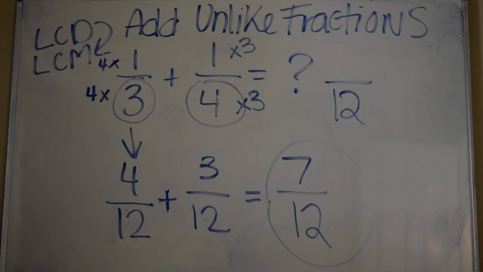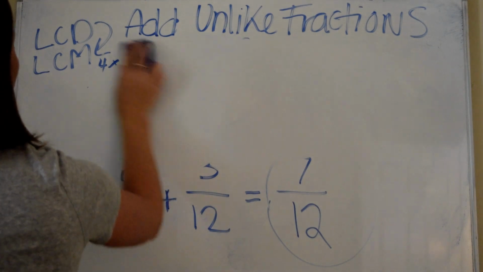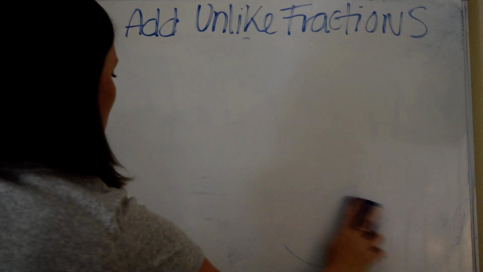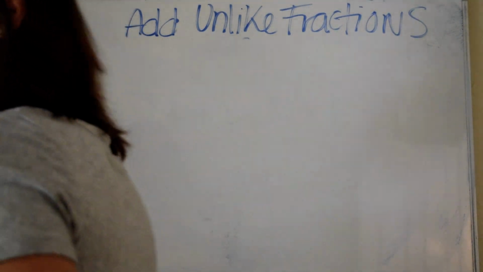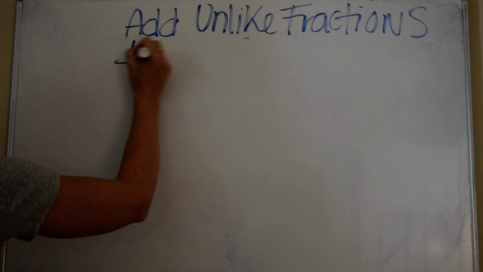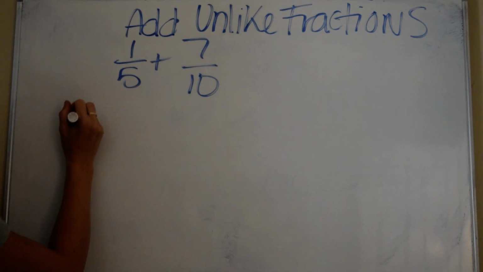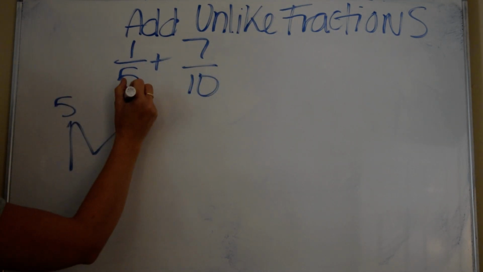All right, let's go ahead and see another example. The most important part in this lesson is remembering how to find the least common multiple, which they call the least common denominator, because we want the denominators to be the same. Let's do 1/5 plus 7/10. Okay, so draw your M, 5 and 10.